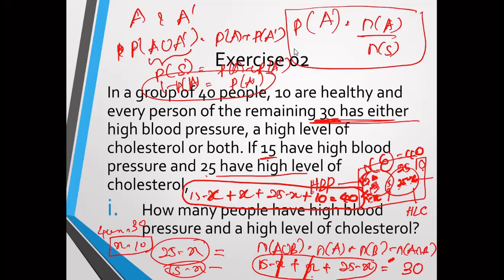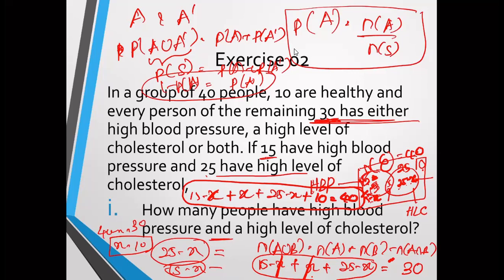Here they are combining using the word and, which means we need to find the number of people who have both diseases, not only high blood pressure or cholesterol.